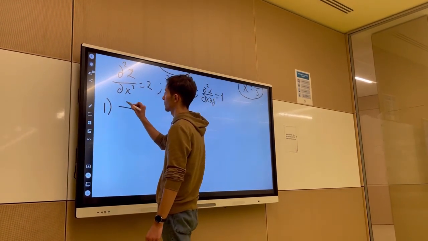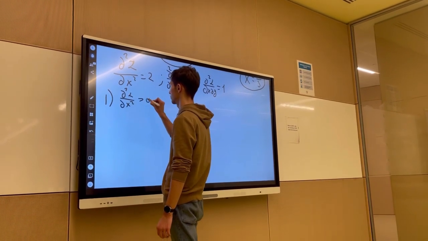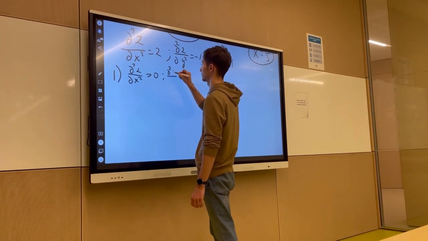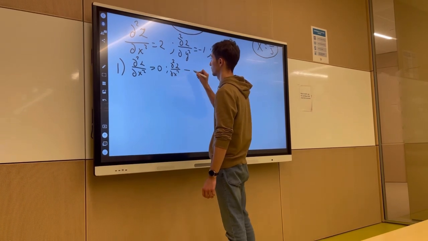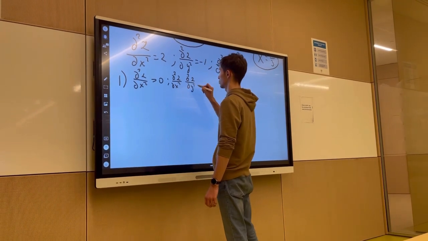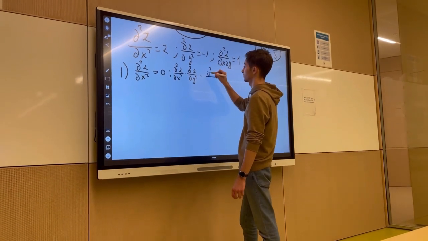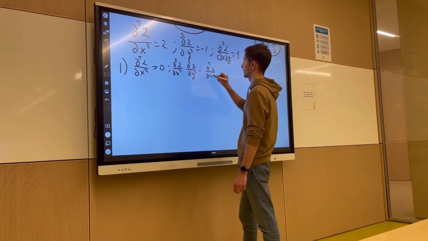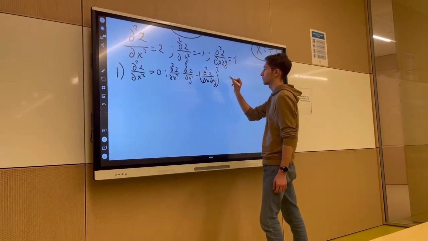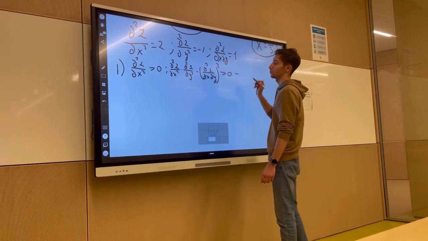First one is if delta square z over delta x squared is greater than 0 and delta square z over delta x squared multiplied by delta square z over delta y squared minus delta square z over delta x delta y squared is greater than 0, it will give us local minimum.